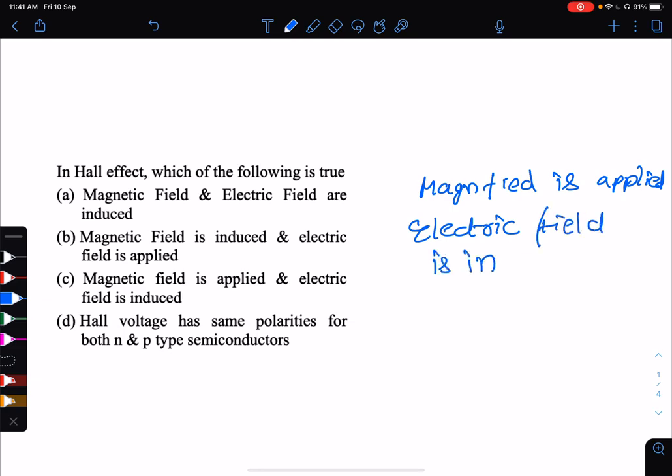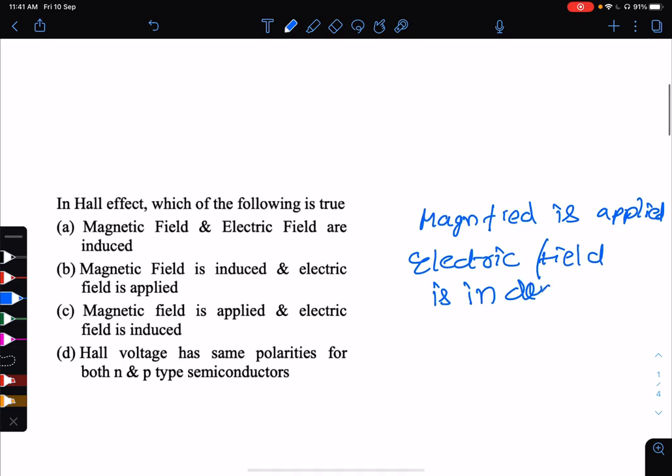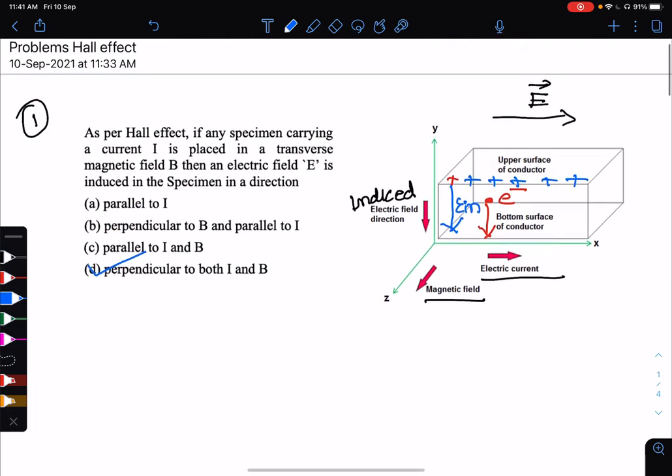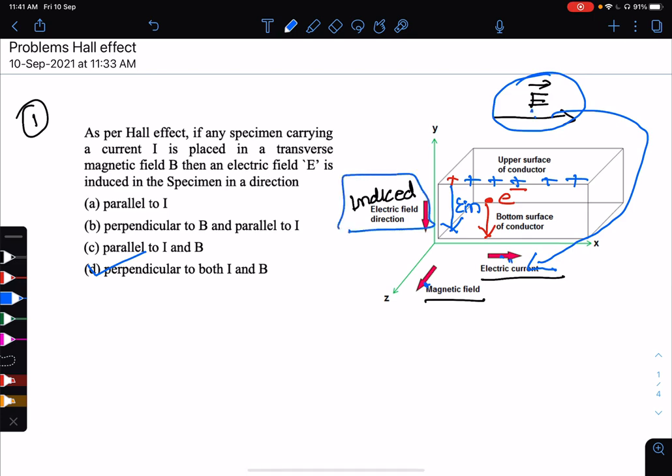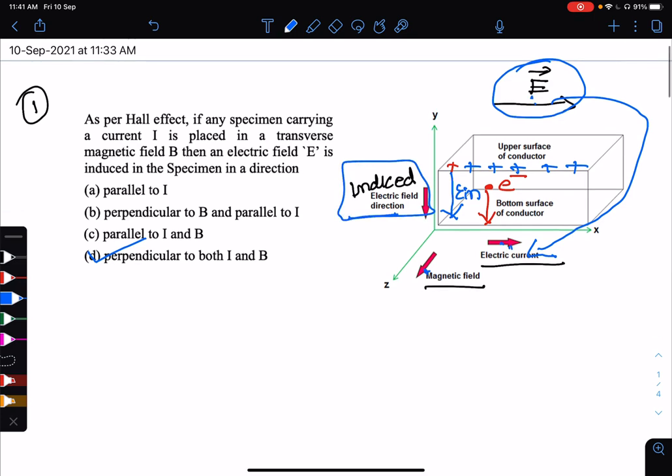Don't get confused with that electric field induced. This electric field we are applying is the effect of this current only. These two, this and this, we are applying. Okay, but this is the result of those two that we are applying, the magnetic field and current. As a result, an electric field is induced.